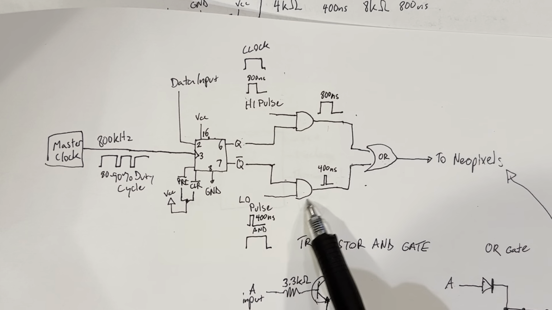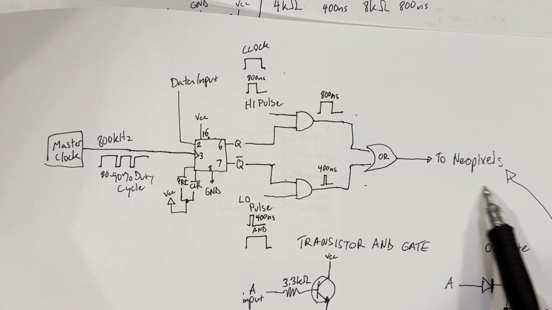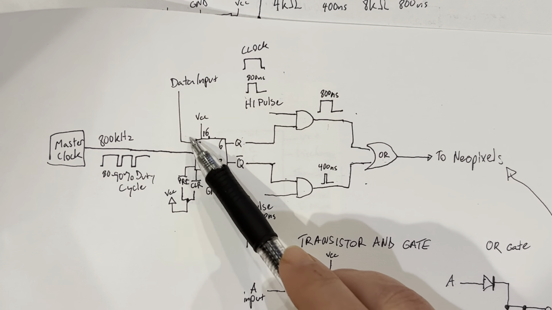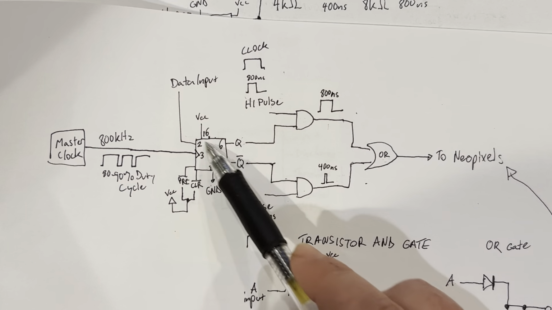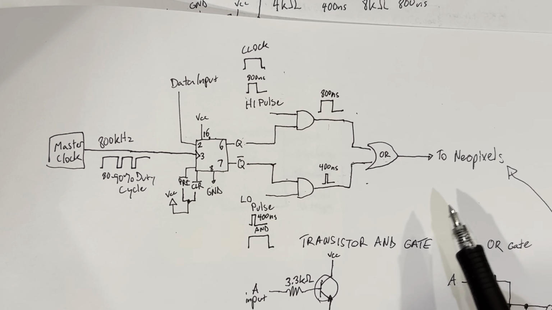High pulse and a low pulse going into our AND gates so that we can pick which one we want, based on the data input, and into our flip-flop.